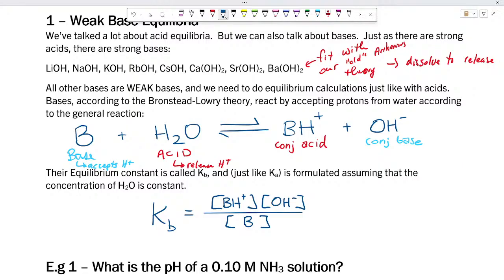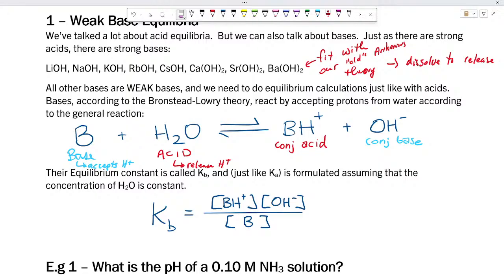This should feel very similar to what we did with acids, right? Same basic idea, but instead of dealing with acids, which react with water to form H3O plus ions, bases react with water to form OH minus ions, right? But the principle is the same.